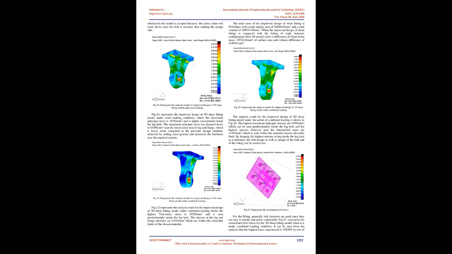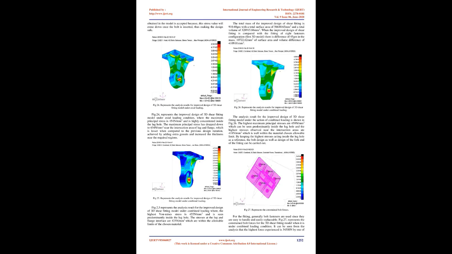The maximum principal stress has dropped down to 454 N/mm2 near the intersection area of lug and flange, which is lesser when compared to the previous design iteration, achieved by adding extra gussets and increased the thickness near the required regions. Fig. 25 represents the analysis results for improved design of 3D shear fitting model under combined loading.